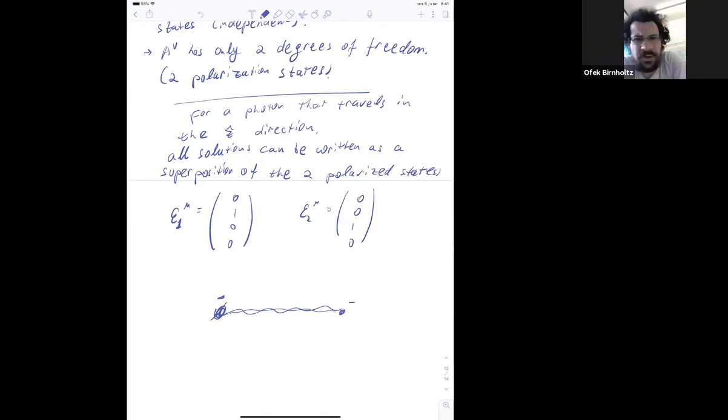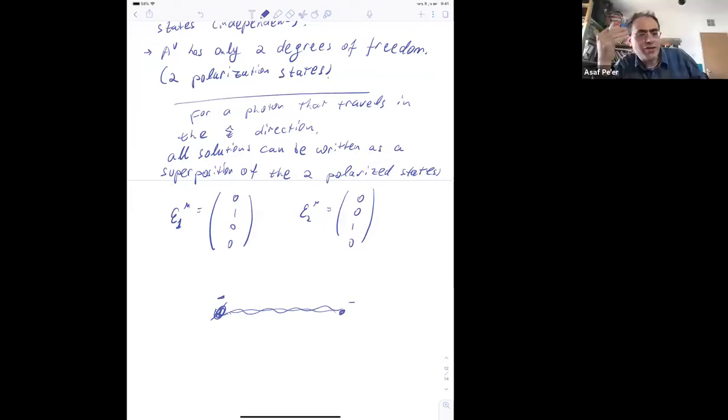So a superposition of these two 4-vectors will always maintain the 0 component, the time component, as 0. I have a choice; this is a choice of gauge. I could choose another gauge, and then it doesn't have to be 0, but I would still end up with 2 independent states.